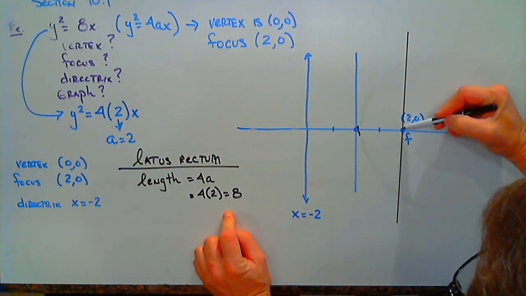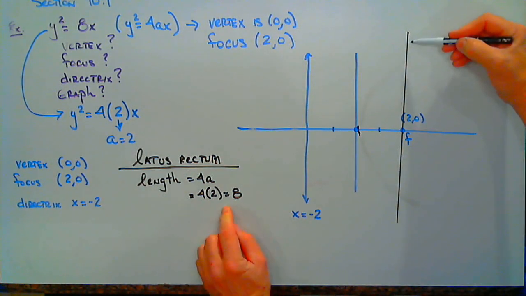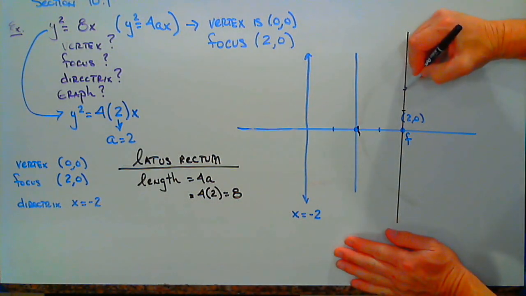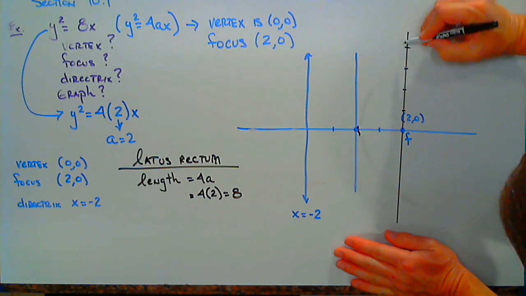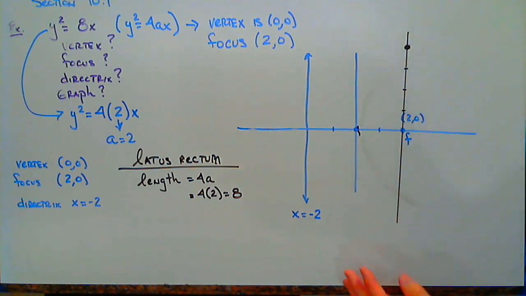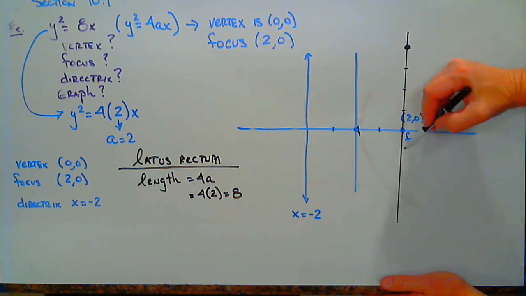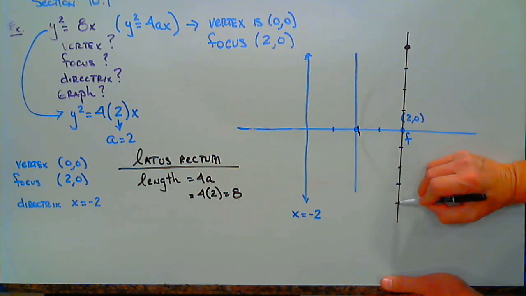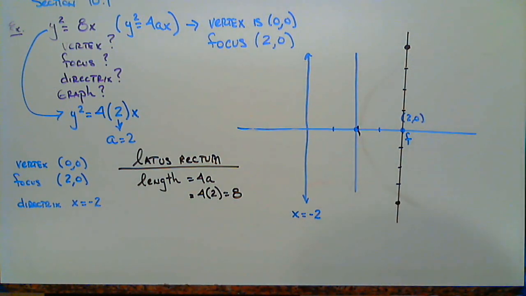So the distance from the x-axis up is going to be half of that. That's going to be 4. So we're going to go 1, 2, 3, 4. And we're going to say, okay, that point's on our parabola. And then we're going to go down 1, 2, 3, 4. And we're going to say, okay, that point's on our parabola. Now we know what those points are.